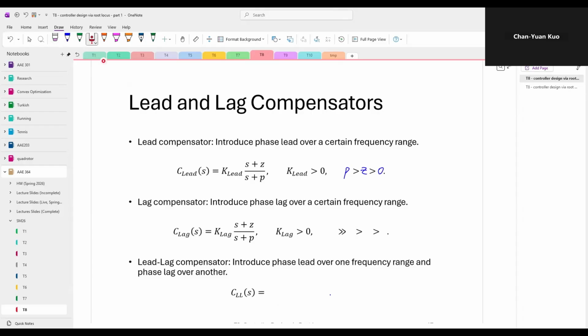On the other hand, a lag compensator introduces phase lag over a certain frequency range. And it also consists of a gain, a zero, and a pole. But the pole and zero are placed close together with the pole closer to the origin.